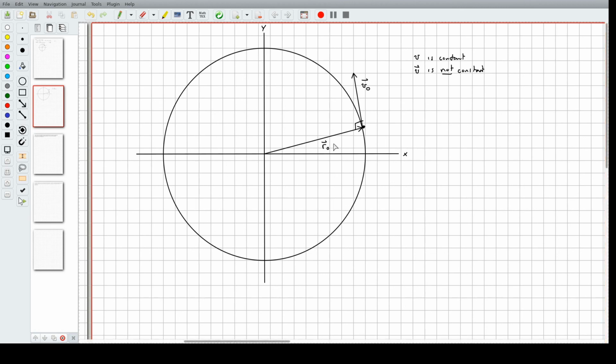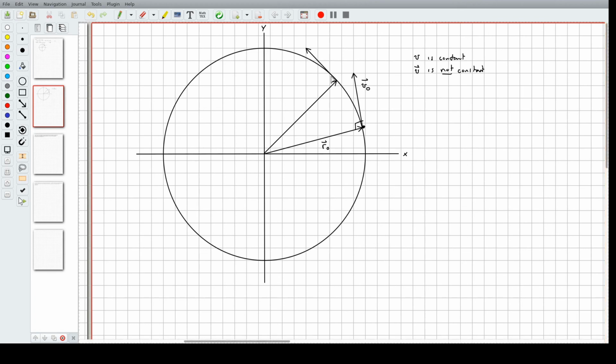So here's the initial position of your thing as it goes around in a circle. And then later on, maybe here, your thing is going this way. All right.